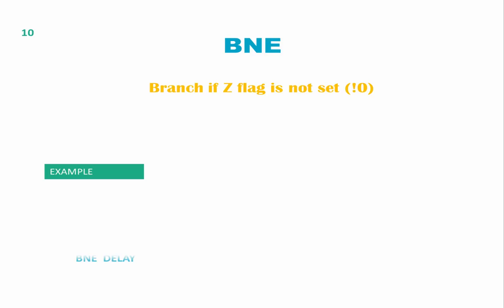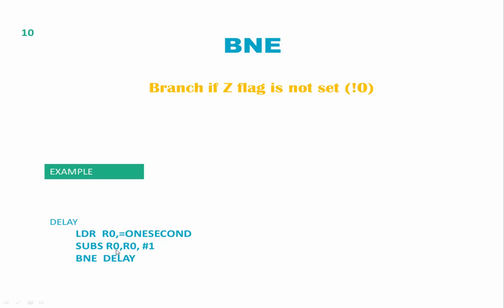Let's see this example. Let's take this subroutine called delay. And what delay does is, first, it loads 1 second, which you can think of as a variable, into R0, and then it subtracts the value 1 from R0. And I'm sure you have noticed here we have R0, R0, 1.